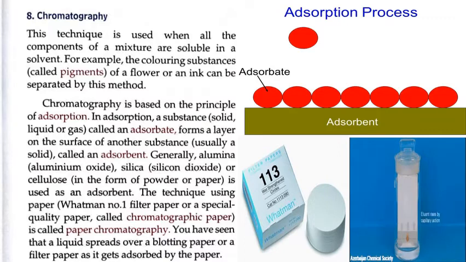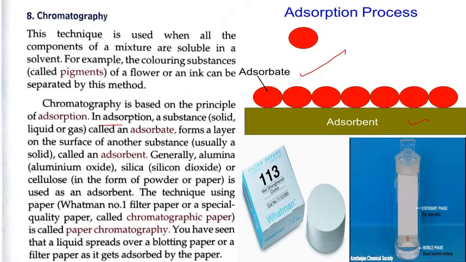In adsorption, a substance, solid, liquid or gas, called an adsorbate. For reference, please see the right side image over here. This is an adsorbate and this is an adsorbent. So, what is happening in adsorption?